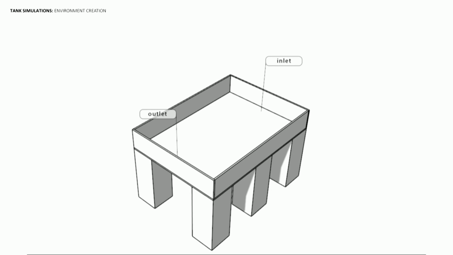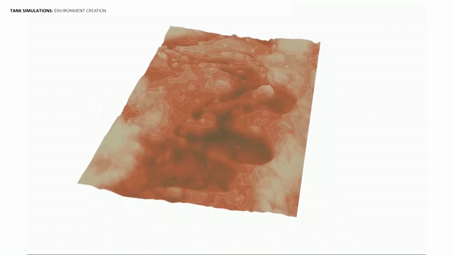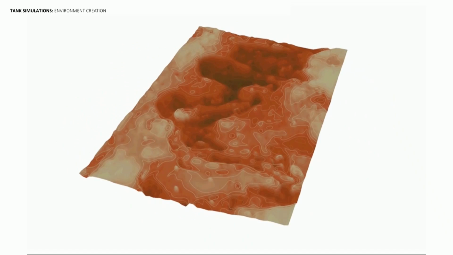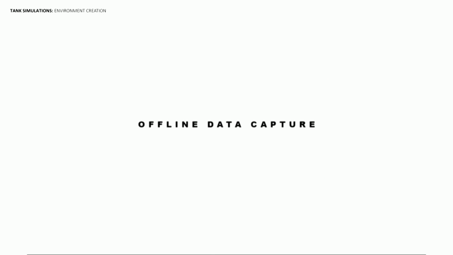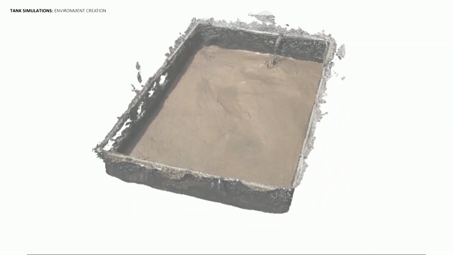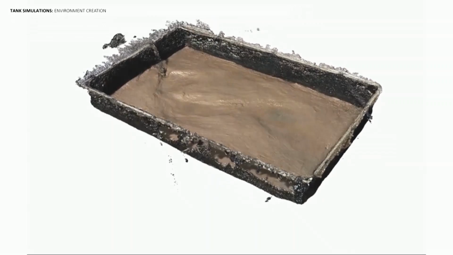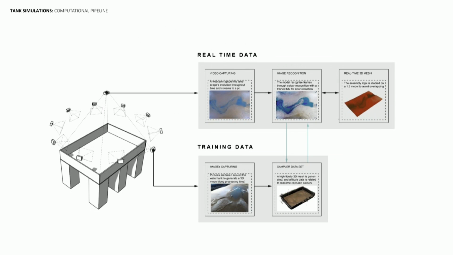Looking at the tank itself, you would need an outlet and an inlet, understanding how it's being captured physically, but then also trying to see how we capture this physical model into a digital format. Having it digitally, we then start to transform it through artificial intelligence to capture this model and understand these physicalities further along the way.